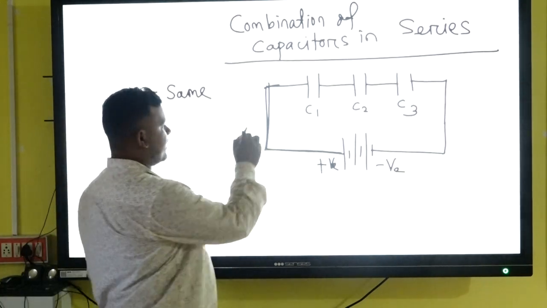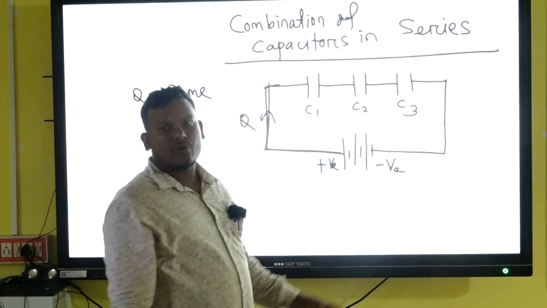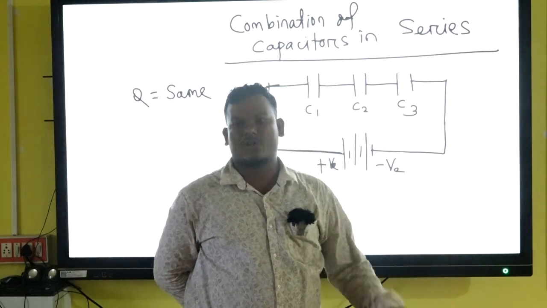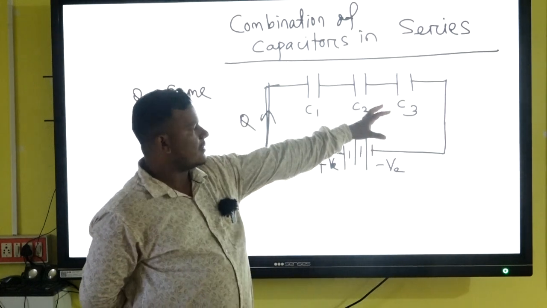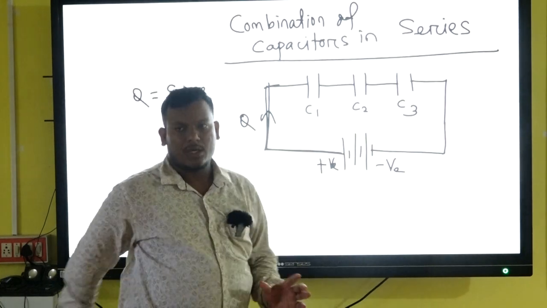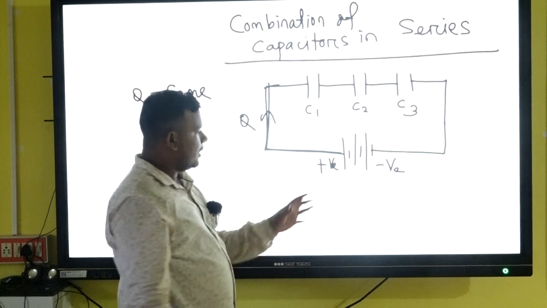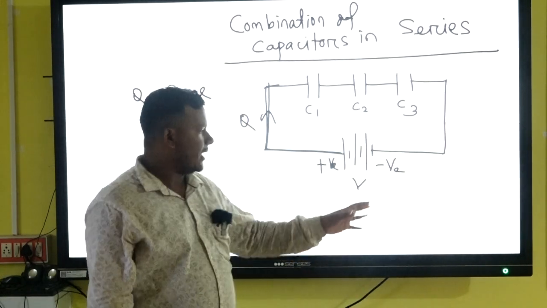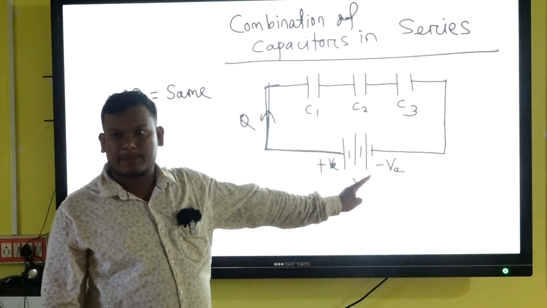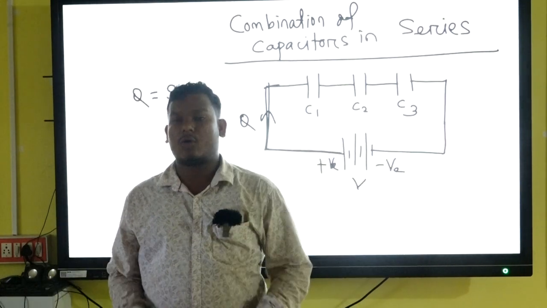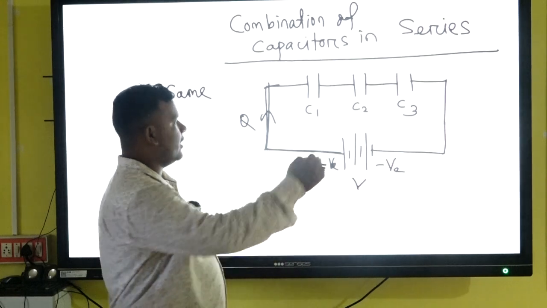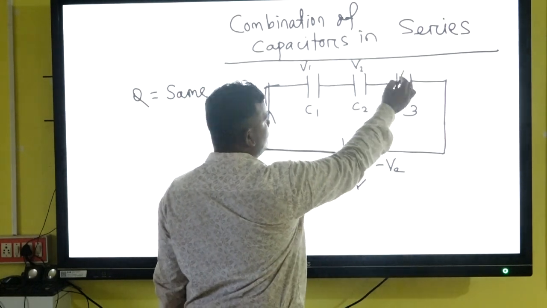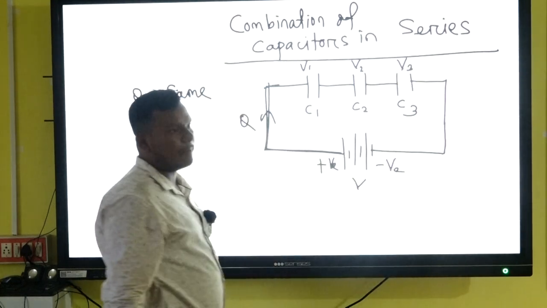Let the charge that flows in this circuit be Q. So capacitor C1 has charge Q, C2 has also charge Q, and C3 has also charge Q. All have the same charge, but let the external battery have potential difference V. This V is distributed among all three capacitors. Here is potential V1, here is V2, and here is V3.